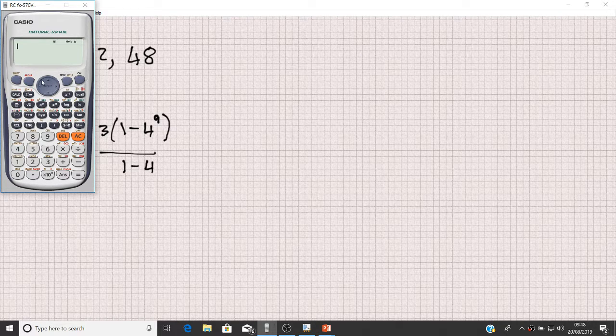So we're going to have 3 on 1 minus 4 raised to the power of 9, over 1 minus 4.